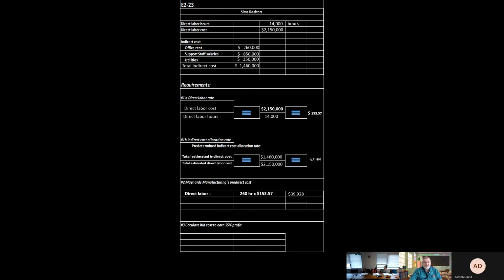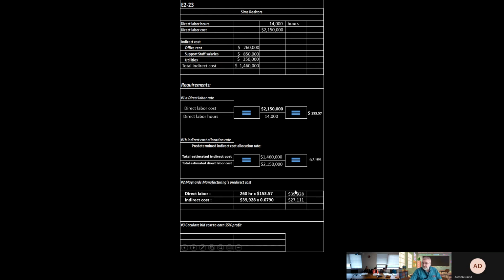So for every dollar that we're billing, we have to add 67.9%. So if we take the 39,928 and multiply it by 0.679, that's 67.9%, we get an additional $27,111 we have to add. Does that make sense? Yeah.